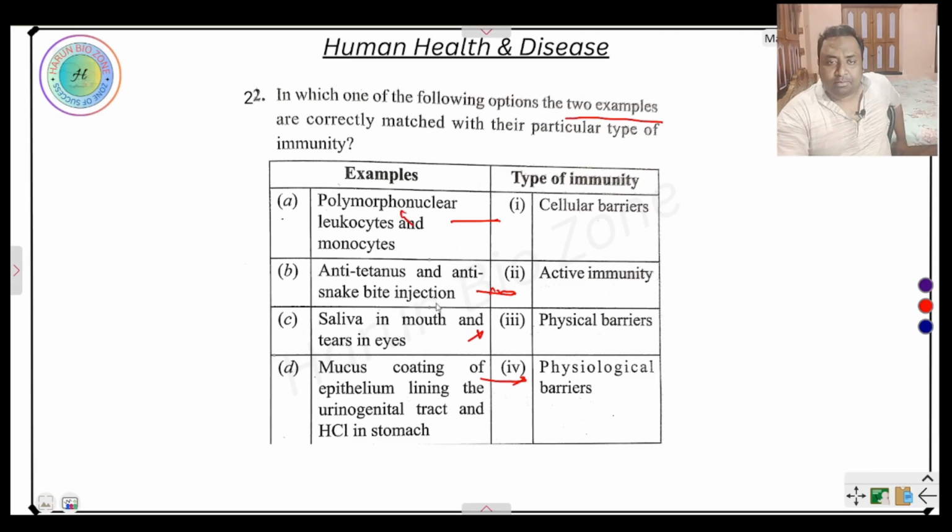Anti-tetanus and anti-snake bite injection is passive immunity. Why? Because the snake venom antibodies are prepared in a horse, then transferred to the human being. The antibody or immunity produced outside the human body is called passive immunity, and when the immunity is produced inside the body, that is called active immunity, like vaccination.